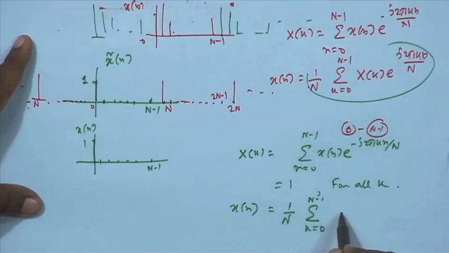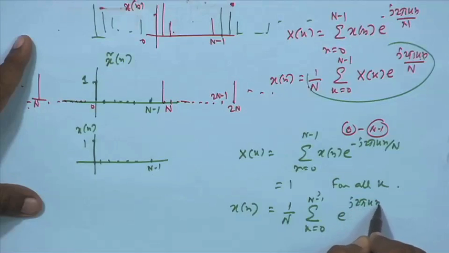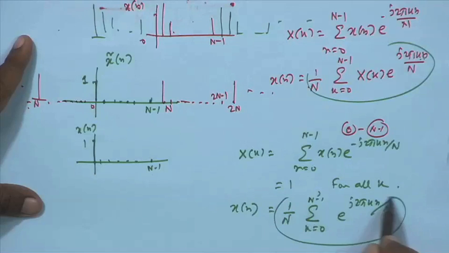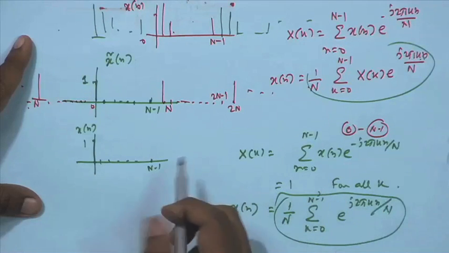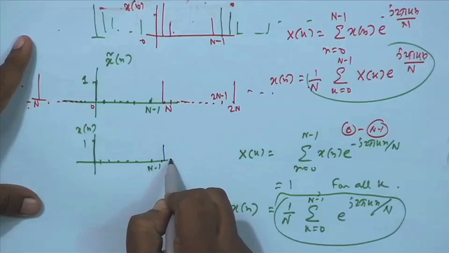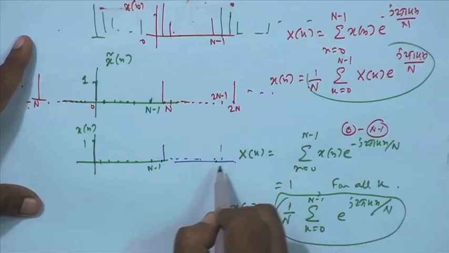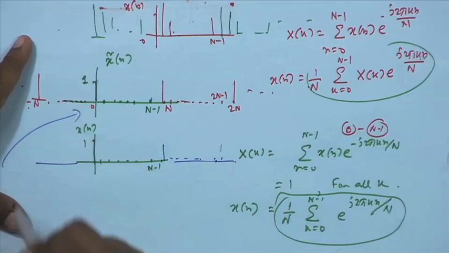So, put 1. So, 1 into something, that something only, e to the power j 2 pi k n by capital N. Now, if in this formula I allow small n to go from minus infinity to infinity, what will I get? I will get the periodic repetition of this, which is nothing but this x tilde n.